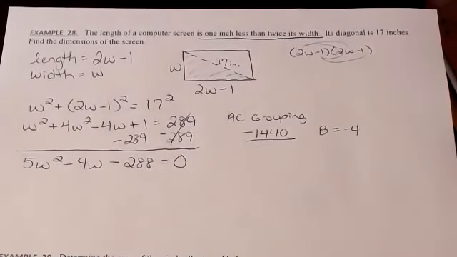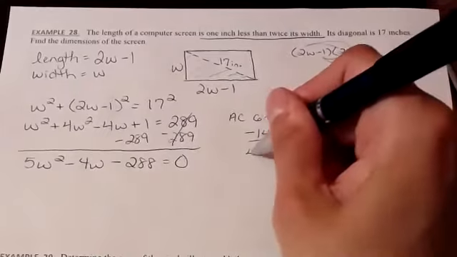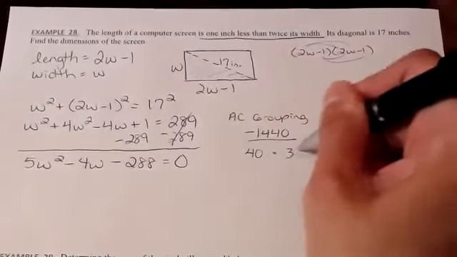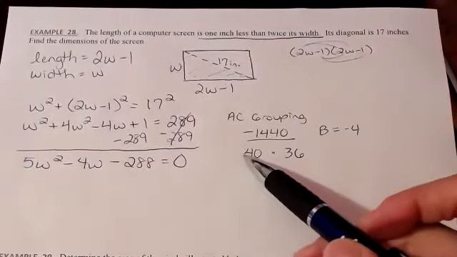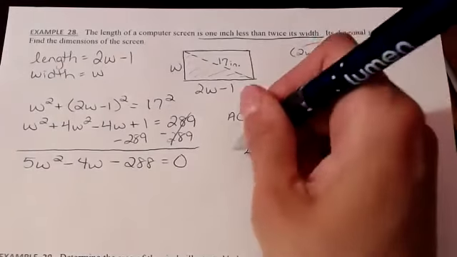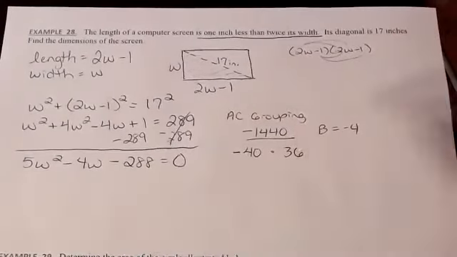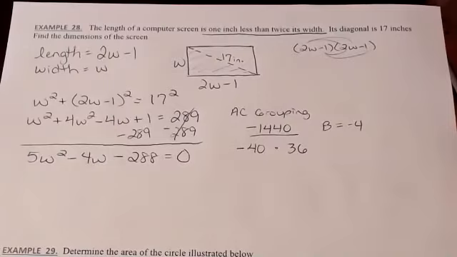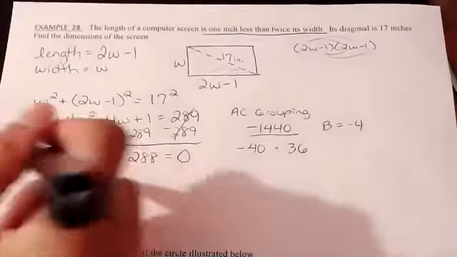So we're actually looking for something that's really, really close together. It turns out that those factors are going to be 40 times 36. So 40 times 36 gives us 1440. And we know that the larger factor has to be negative, so that when we combine them, we get a negative 4. I'm now able to rewrite my polynomial.